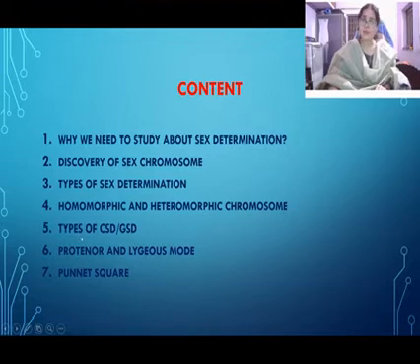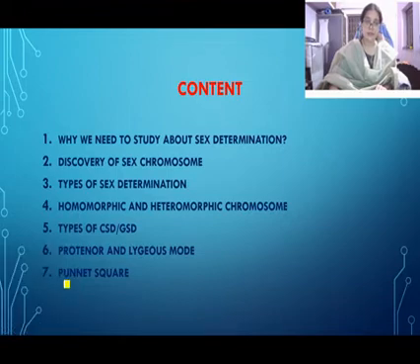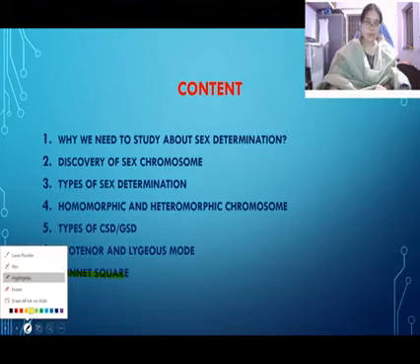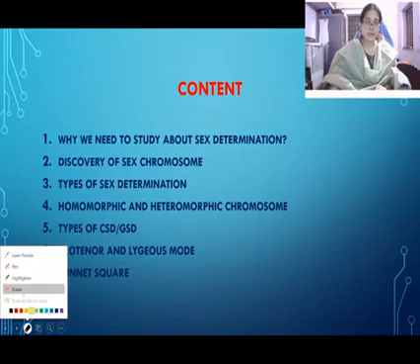Then we will also discuss the chromosomal sex determination. Then we will see the protenor and lygaeus mode of sex determination. And then at last we will discuss the Punnett square model of sex determination. Okay, so let's start with today's topic.